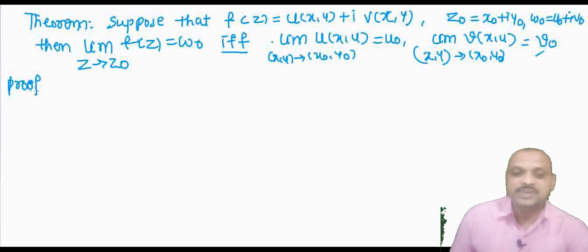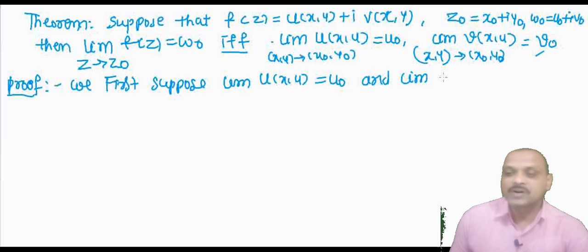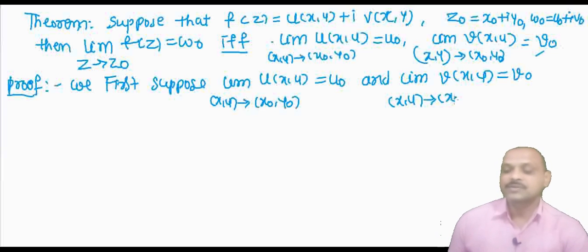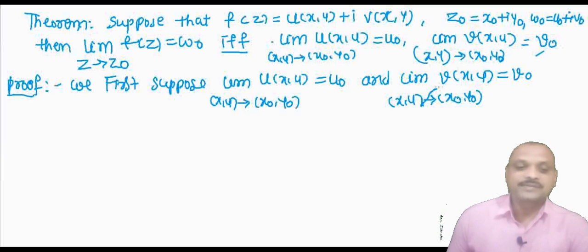We first suppose that the limit of u of x comma y equals u0 and the limit of v of x comma y equals v0, where x comma y tends to x0 comma y0. This is the limit, right? Apply the definition of limit.